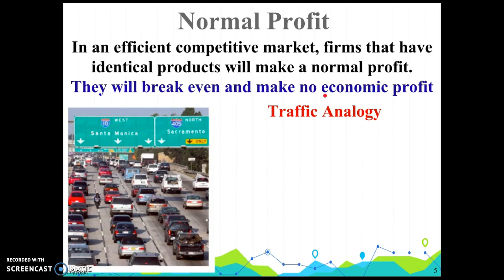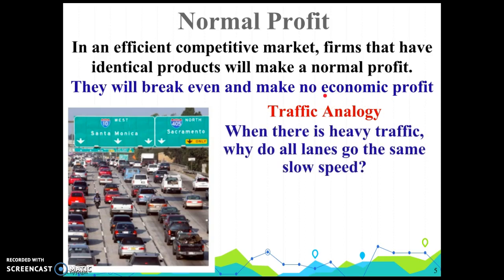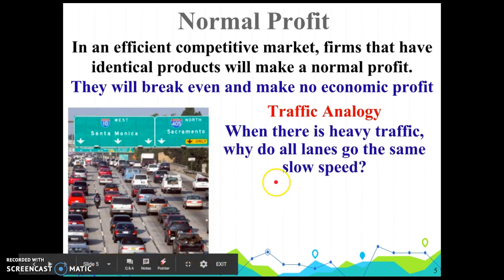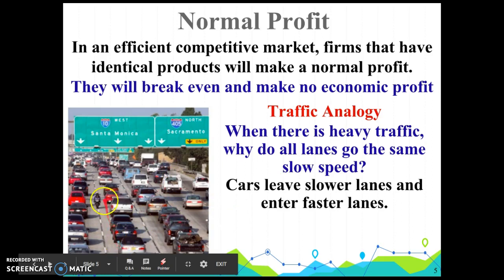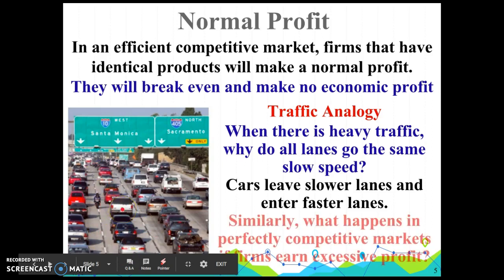So we can think of how profit works with a traffic analogy. So if there's heavy traffic, all lanes are going the same speed. But let's say like a lane opens up, right? All the cars go into the lane that just opened up. But now that lane is traffic filled also, right?